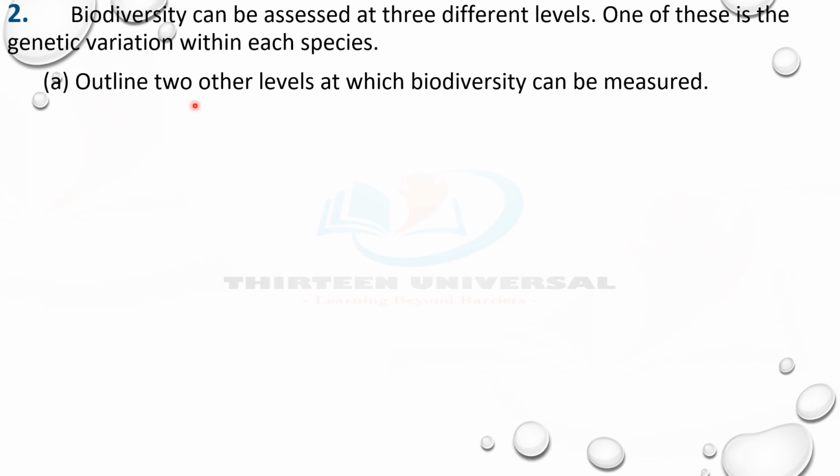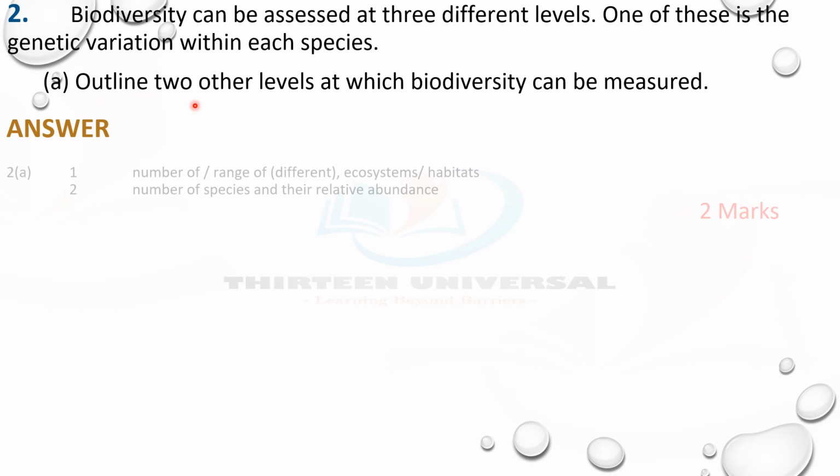That's number 1. The more habitats in an area, the more biodiversity the place has. The next one is the number of species, and of course their relative abundance.